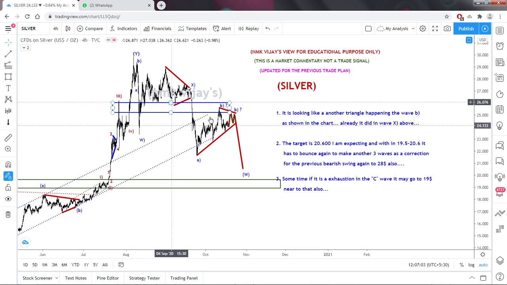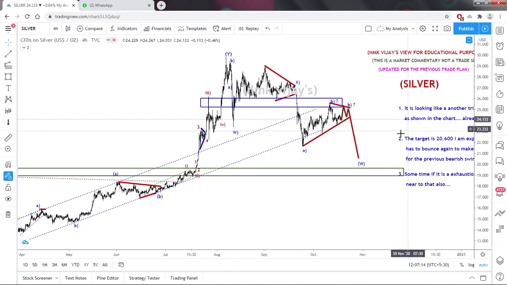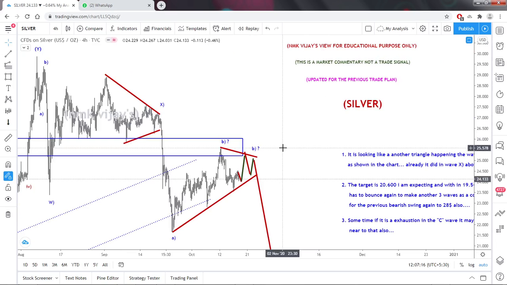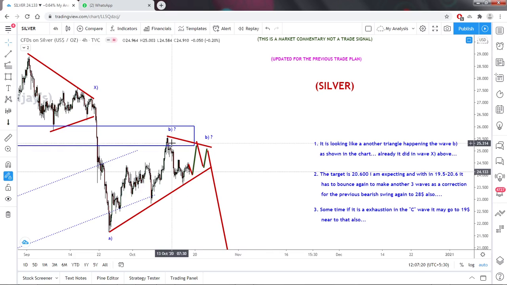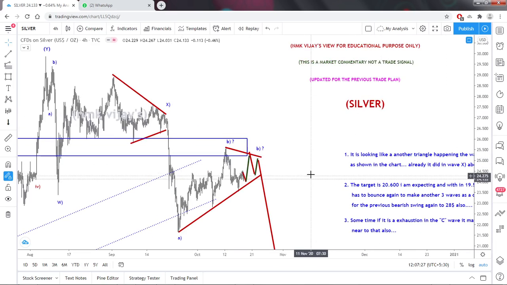So this same thing is happening here, may or may not, but entry should be below this 25,600. I will take a risk in this, making a stop loss of 25,600 as I said earlier, and I already have the position at 25,140 and 24,700 as per the previous idea. I had already done the 24,800 to 25,200.